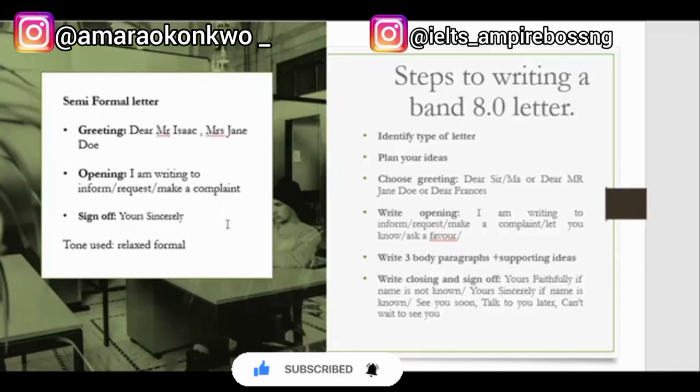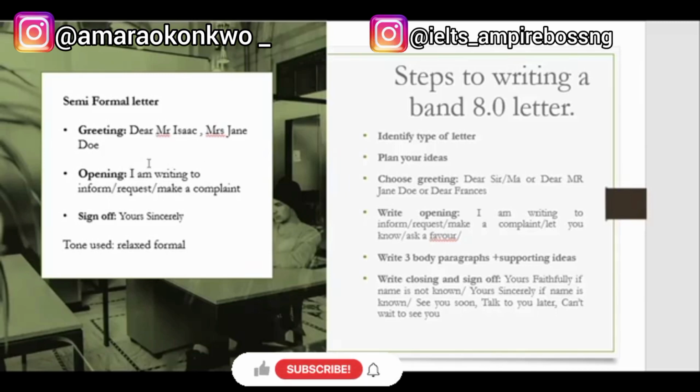With the semi-formal letter, the greeting is, see, dear Mr. You're using the title and the name, or title, name, and surname. Opening should be similar to that of a formal letter. But just imagine if it's a friend they're writing to concerning an official matter, you can maybe say, okay, I received your letter, just a bit of familiarity, you understand?